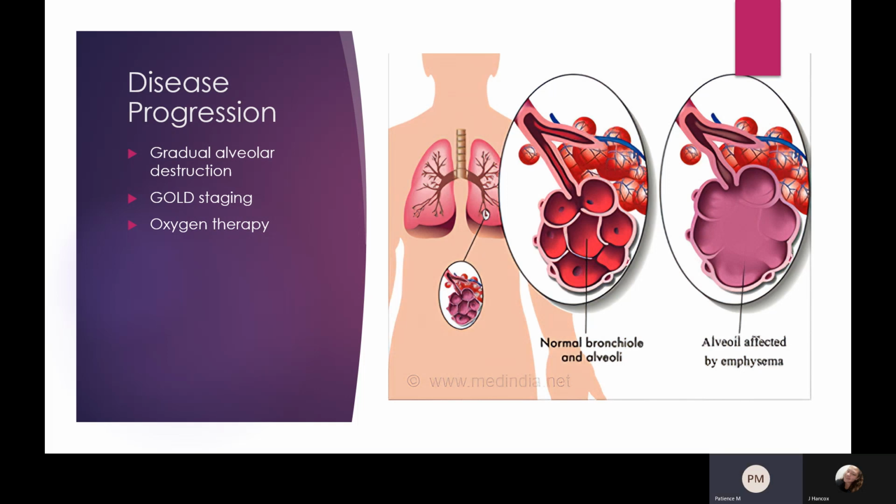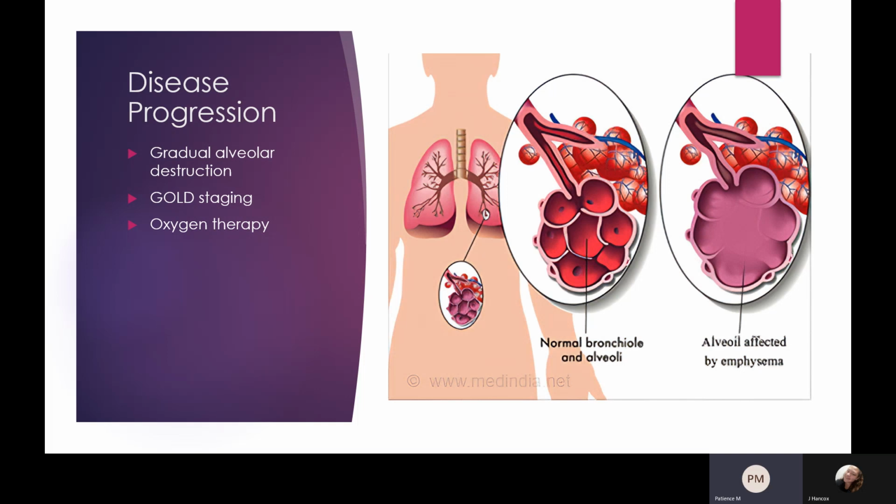As emphysema progresses, the damage caused to the alveoli will eventually lead to decreased elasticity and hyperinflation. Swelling or air pockets called bullae develop, which will then trap the carbon dioxide. To track the progression of emphysema, tests and staging systems are used. One of the common tests is the pulmonary function test.